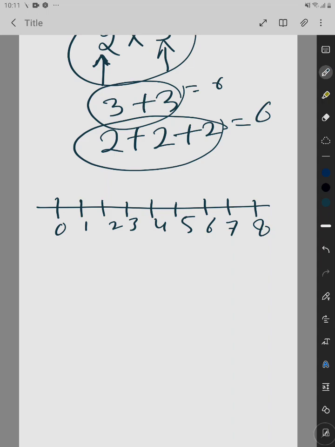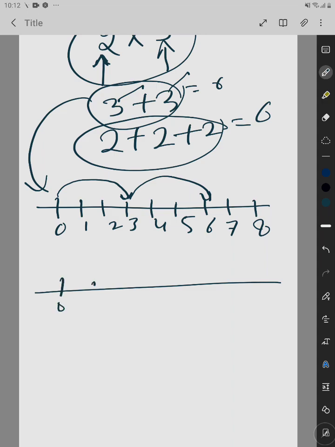So 3 plus 3 means first of all we need to go to 3 and then 3 more, okay. This is 3 plus 3. Now 0, 1, 2, 3, 4, 5, 6, okay.